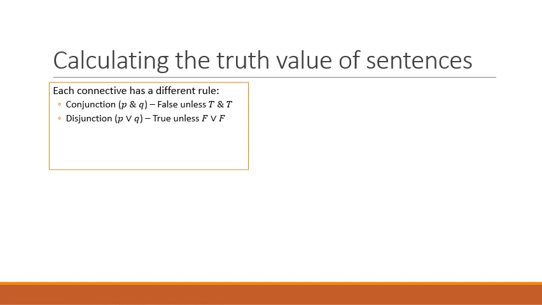Now disjunction, on the other hand, is usually true, right? If I say it's sunny or it's windy outside, I don't necessarily intend that both of those are true. They may both be true, but with a disjunction, all you need is at least one to be true. And so the rule for disjunction is different. The rule for disjunction is that they're usually true, unless, of course, they both turn out to be false.